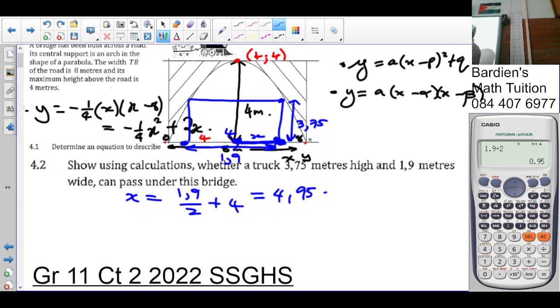Okay. So what I do with this is I then say y equals negative a quarter times 4.95 squared plus 2 times 4.95.